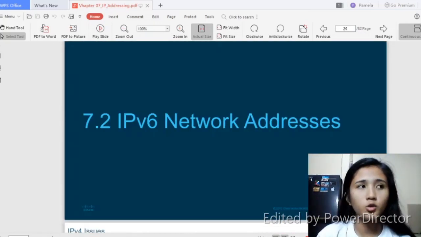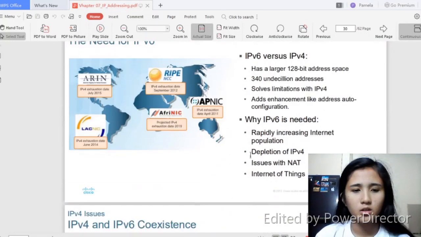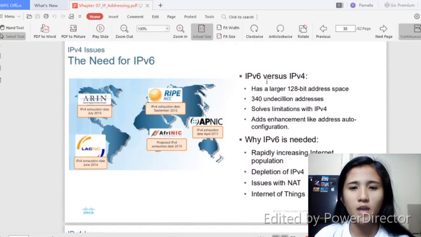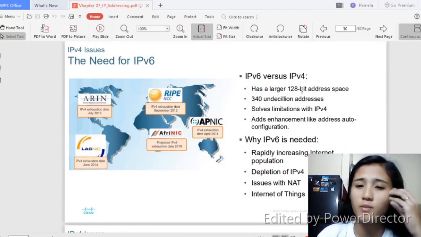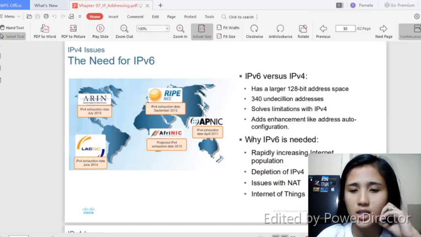So let's go to 7.2, the IPv6 network addresses. It is the IPv6 versus IPv4. IPv6 has a 128-bit address space, 340 undecillion addresses, solves limitations with IPv4, and adds enhancements like address auto-configuration. Why IPv6 is needed?